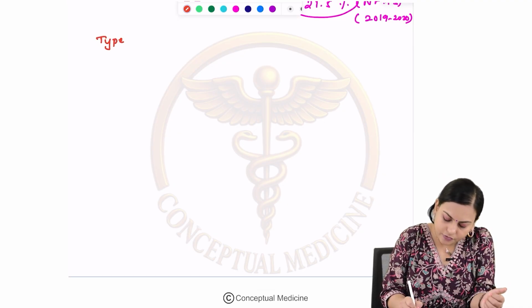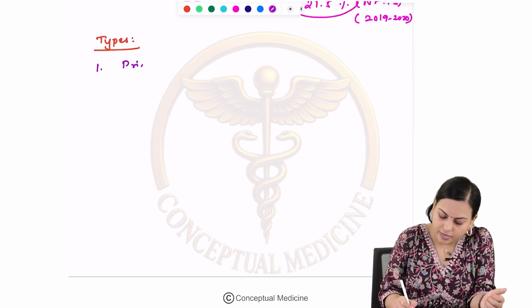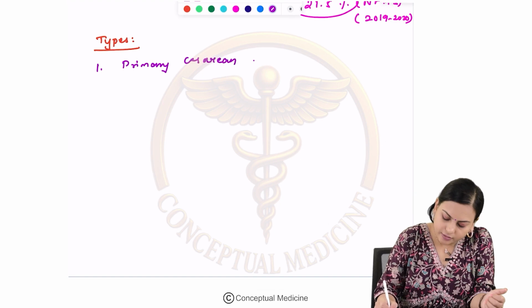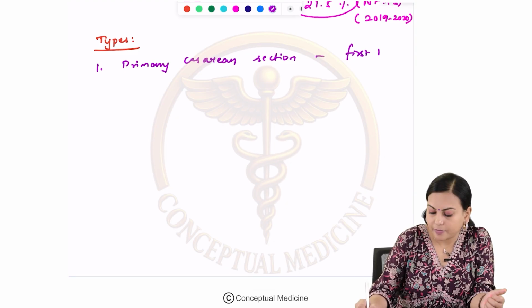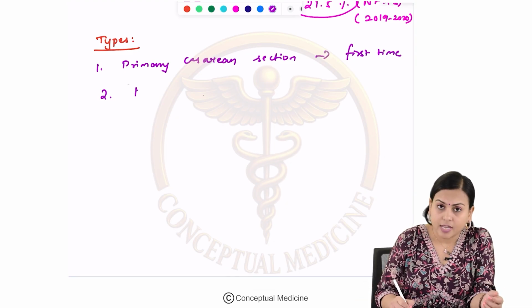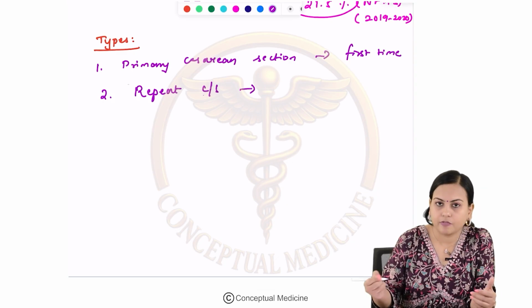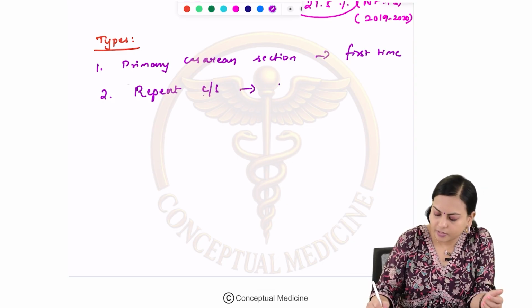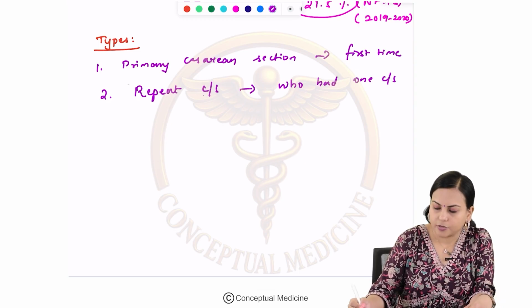Types of Cesarean section include the primary Cesarean section, when it is performed for the first time in a pregnant woman. It is otherwise known as repeat Cesarean section when it is performed after the first delivery, that is, in women who had one Cesarean section.